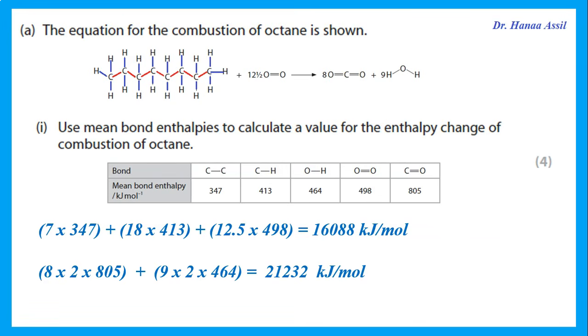We have 9 water, but each water has 2. So this is the total amount of energy released when the bonds in the products are formed. Now, reactants minus products gives me the overall delta H for this reaction, which comes out as a negative value, of course, because this is combustion.